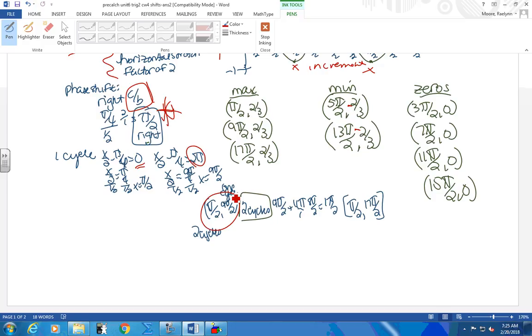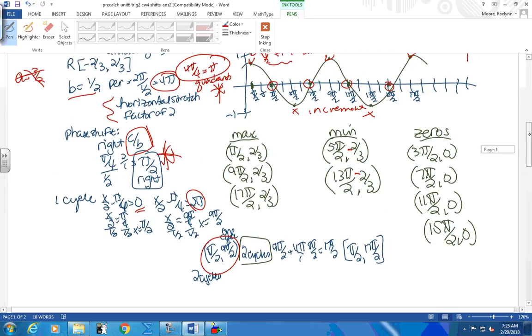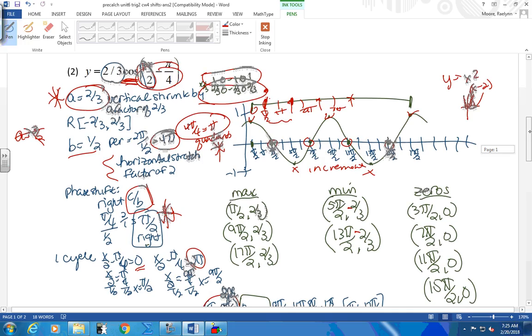Or think it out. If your period is 4 pi, you're going to normally take 8 pi to do 2 cycles, right? 0 to 4 pi, 4 pi to 8 pi. If you shift it to the right 90, just take 4 pi and add 90 to it.